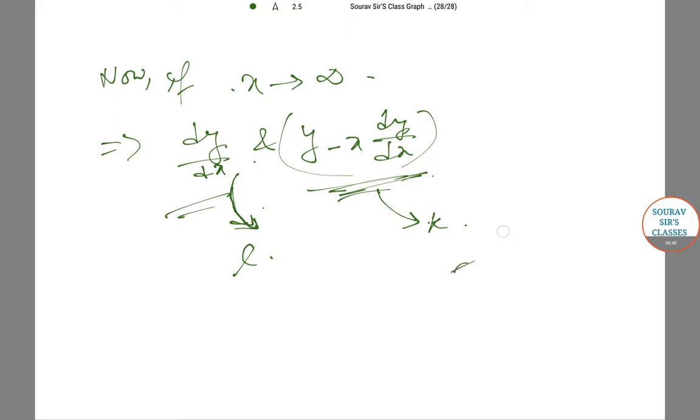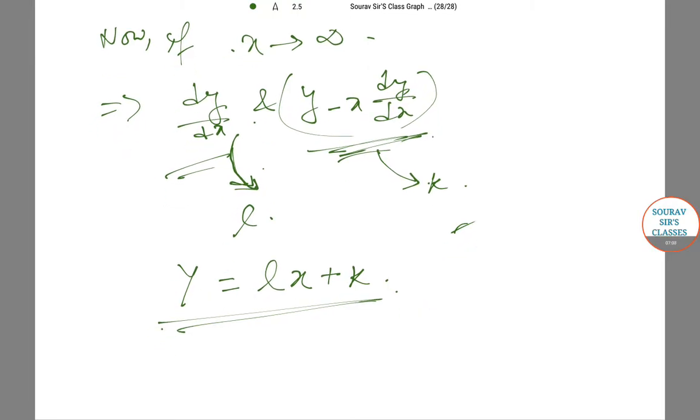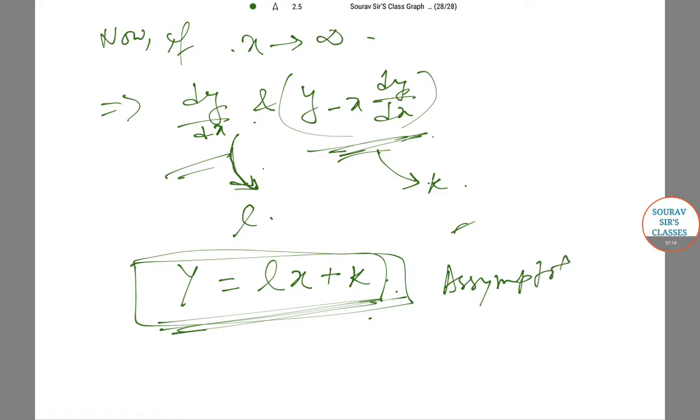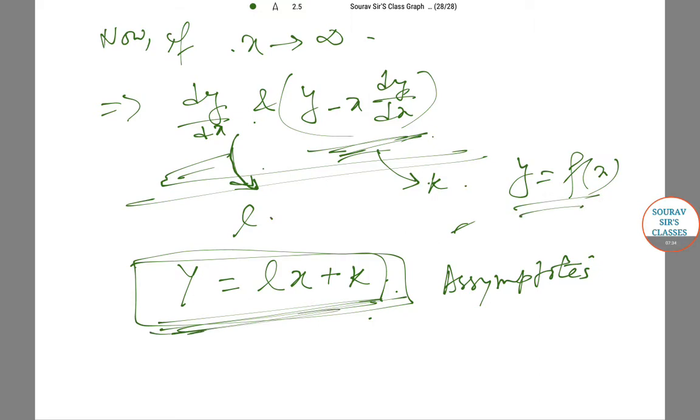Now the equation tends to Y equal to Lx plus K. So this line y equal to Lx plus k will be the asymptote of the curve y equal to f(x).